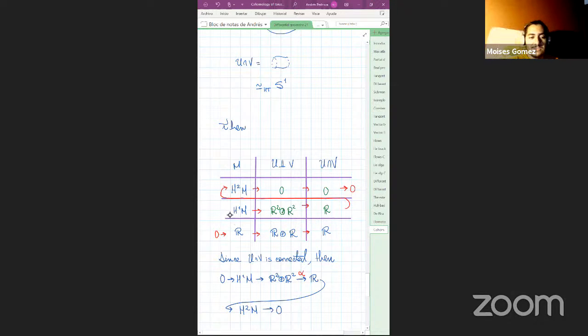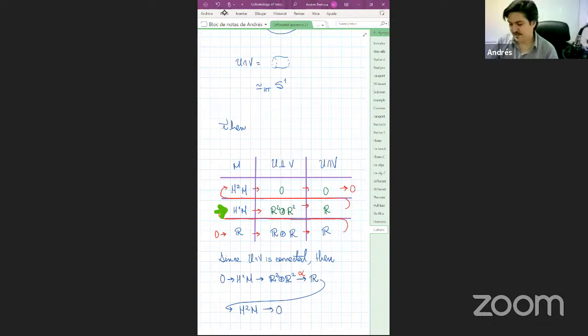Moises? Yes. Okay. And this is something that we couldn't do for the torus because U intersection V was two cylinders. So that's why we had a longer sequence.